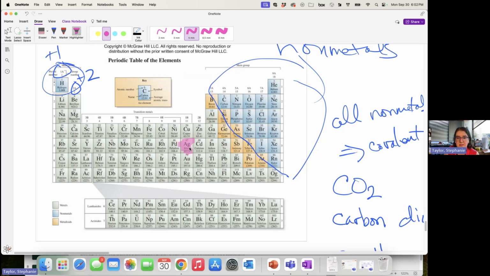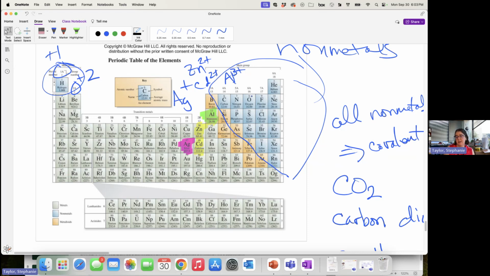Then there are a couple other things that always have the same charge. Aren't you excited? Let's do that in green for funsies. So silver is always +1. Zinc and cadmium are always +2. And aluminum is always +3. This is in your textbook.